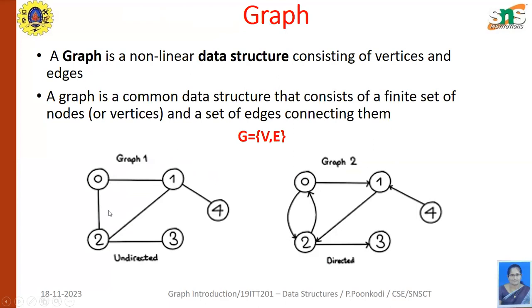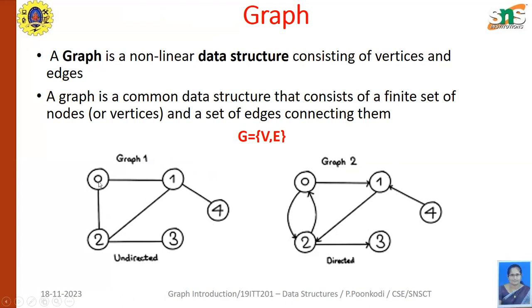If you consider this graph one, the vertices are 0, 1, 2, 3, and 4. So there are 5 vertices in this graph. And the edges are the set of edges.